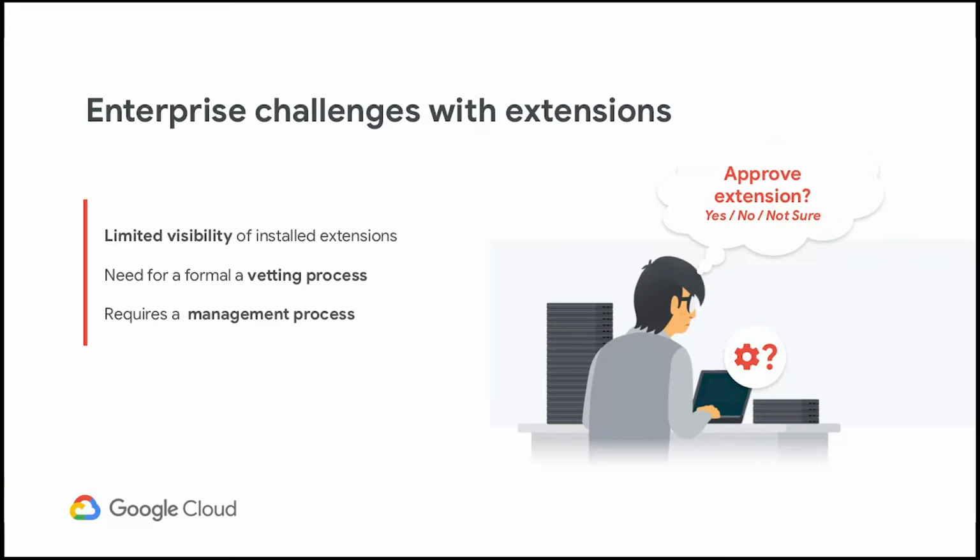And then being able to have a formal vetting process: I'll allow this extension, I won't allow this one. It can tend to be kind of confusing, as well as being able to have a management process around that, especially if you don't have much visibility into what extensions are present. It's hard to determine what you can or can't run, as they might be crucial to the end users in order to get their job done.